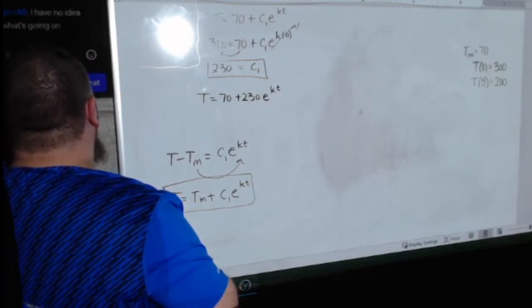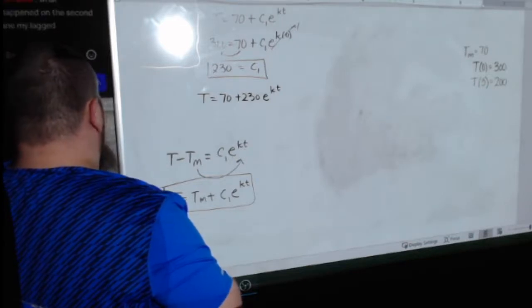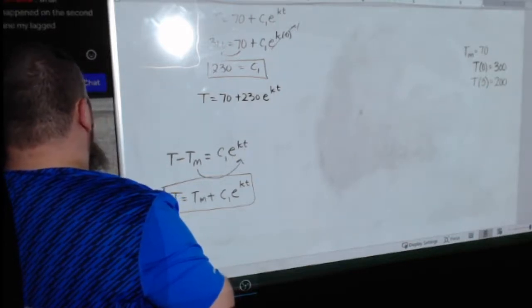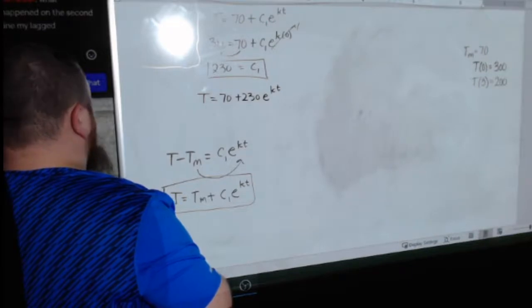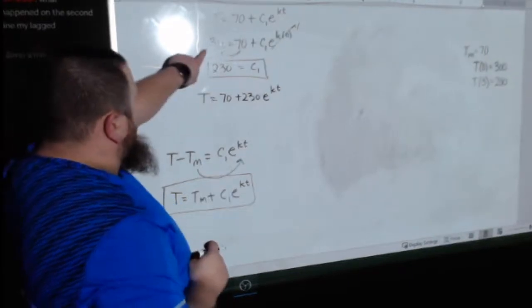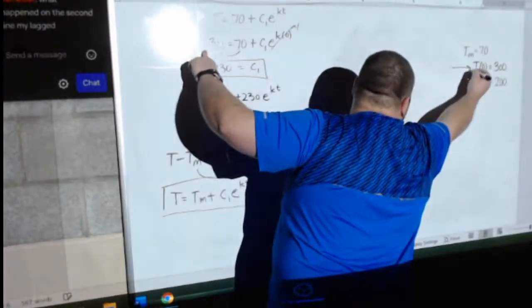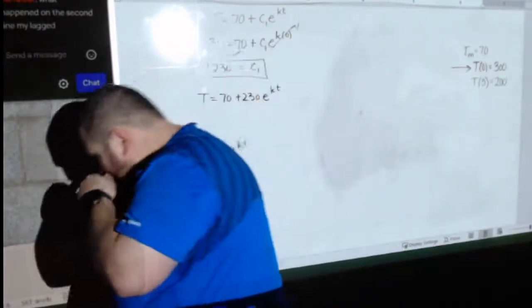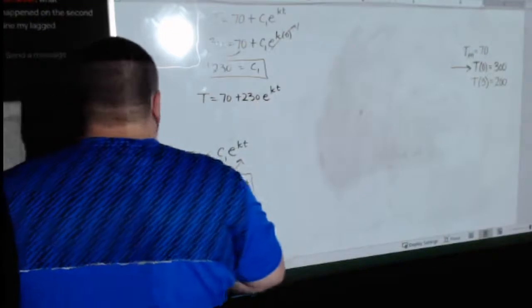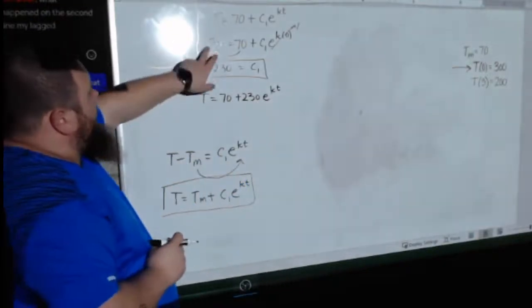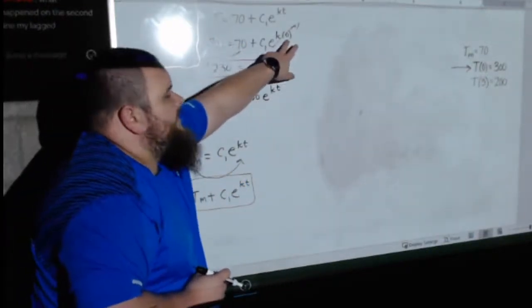Okay, how far back did we lose you? What happened on the second line? Right here, I plugged in this value. So big T was 300, and I plugged in little t is 0.